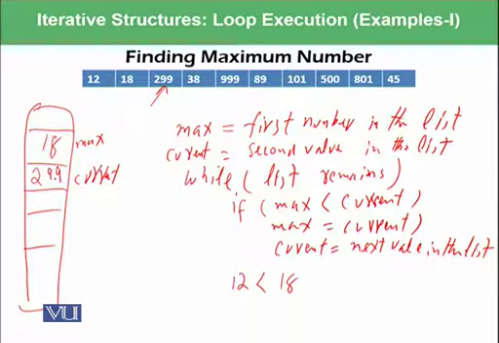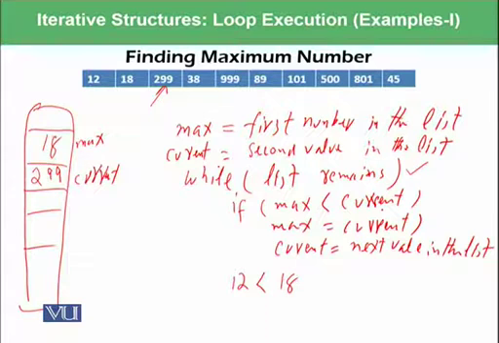Then it is moving to the next iteration because the list remains and the loop condition is true. If max is less than current, max is 18 and current is 299. Yes, the condition is again true.